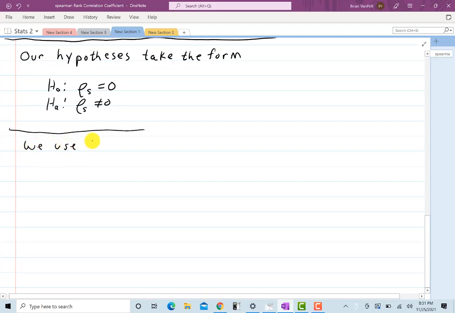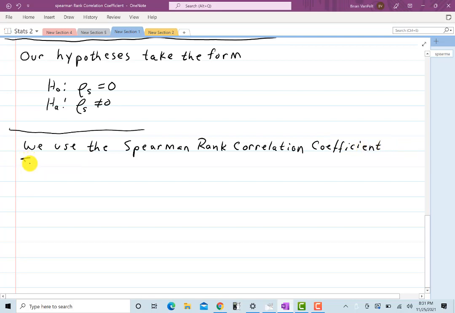We use the Spearman rank correlation coefficient table to determine critical values.